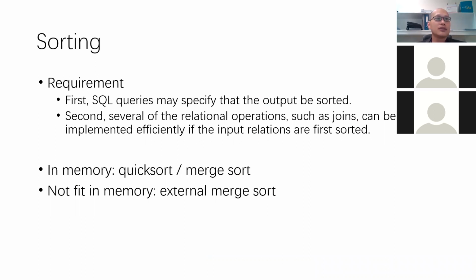Okay, so let's go on to the next part, which is sorting. Take a few seconds to think: why are we studying sorting in databases? Why is this being used in databases?